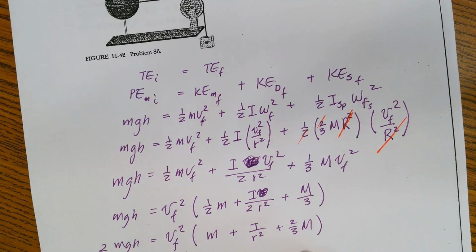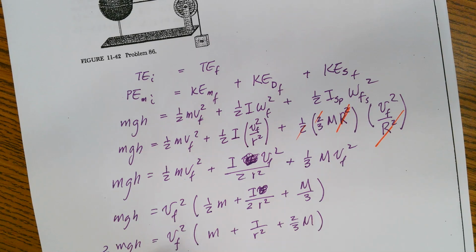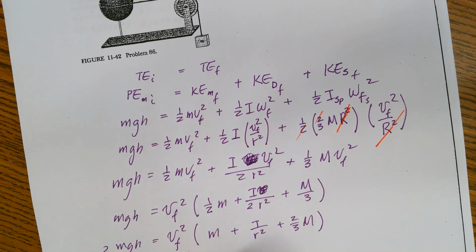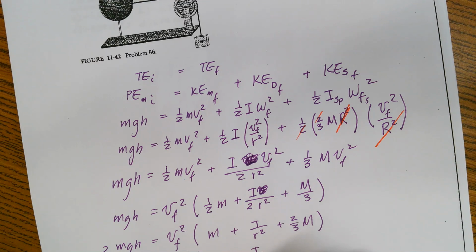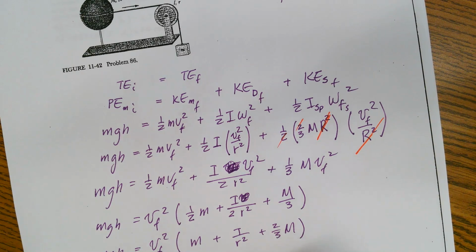And then if you divide everything by m, you get 2gh is equal to vf squared times 1 plus I over mr squared, right?